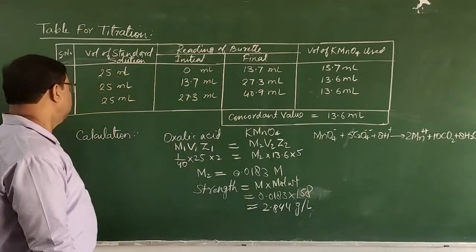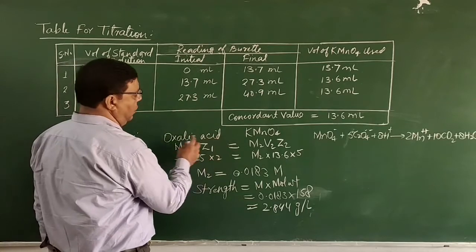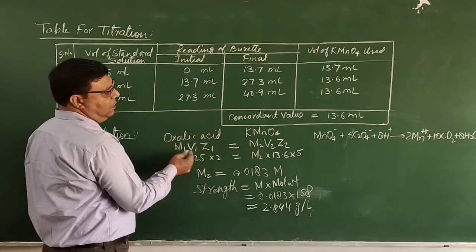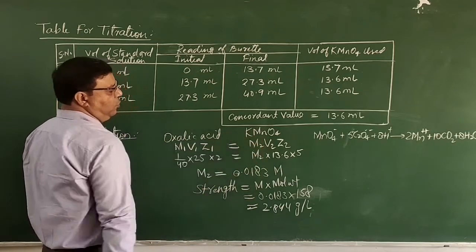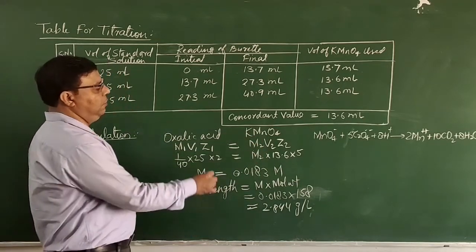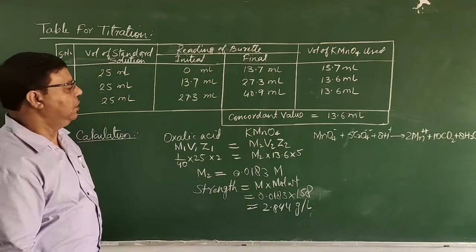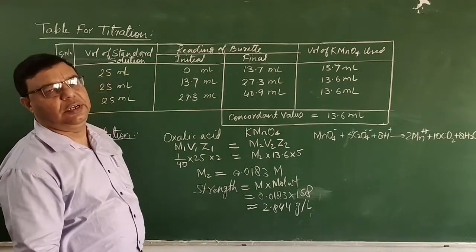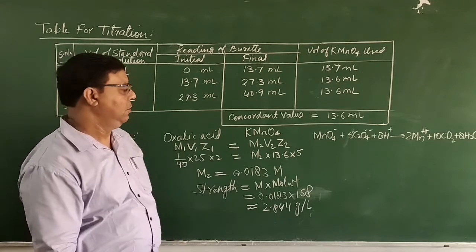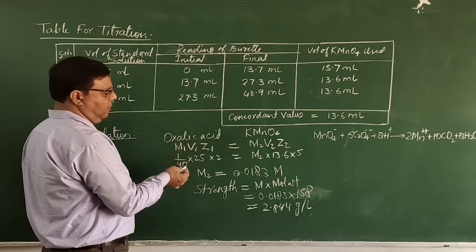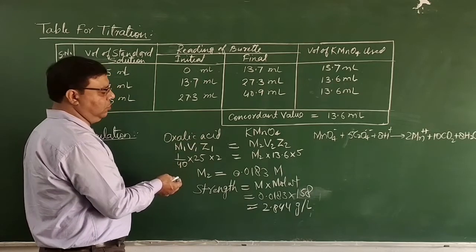Now the calculation. So this is the molarity equation. Here we are using it for oxalic acid and this for permanganate, with Z1 and Z2 as the Z factors, that is, change in oxidation number, acidity, basicity, etc. For oxalic acid, the molarity we have been given is 1/40, that is the standard solution.